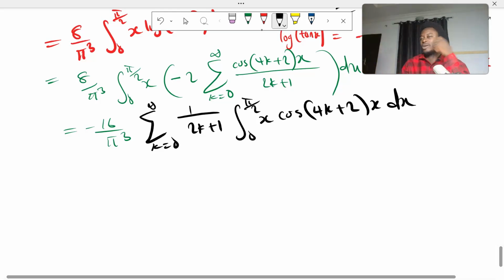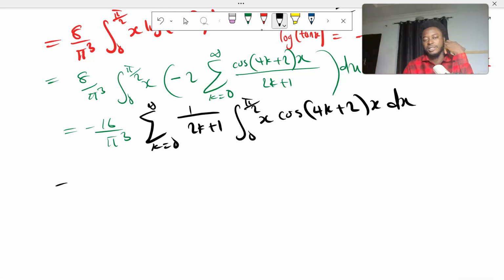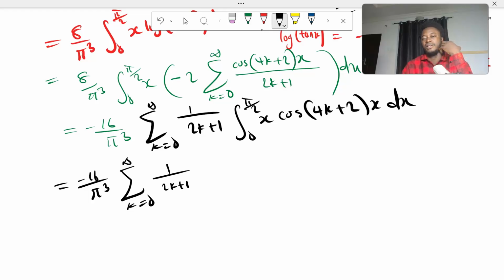And for this integral, we are going to use integration by parts, of course, and we're going to get negative 16 over pi to the third power times the sum as k runs from 0 to infinity of 1 over 2k plus 1. Okay, let me just show the full steps involved. Let's just put the integral first.